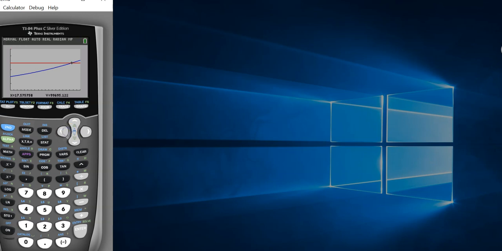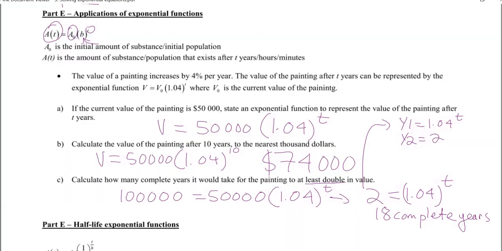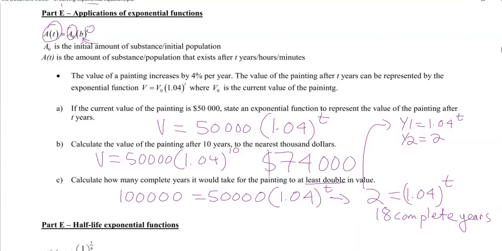Can I trace the line? I don't know how to use trace on this thing. But 17 years would be under 100,000. 18 would be over, but it would meet this criteria.